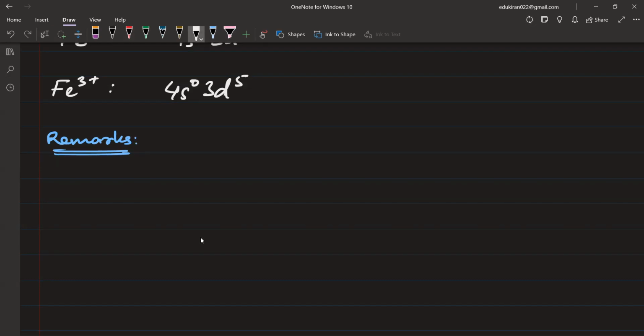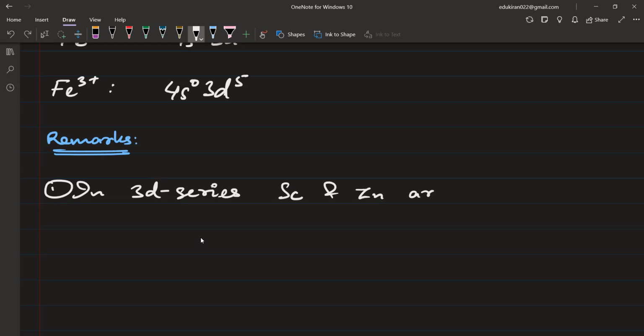Number 1. In 3d series, scandium and zinc do not show variable oxidation state.